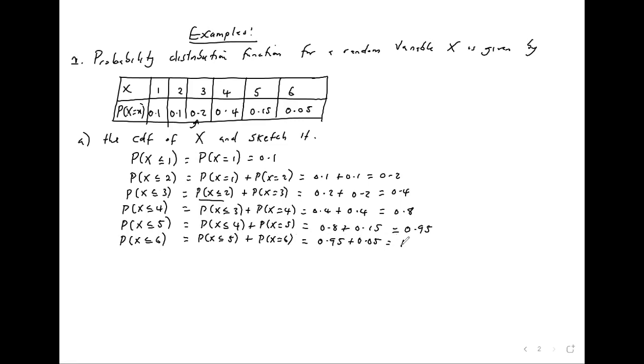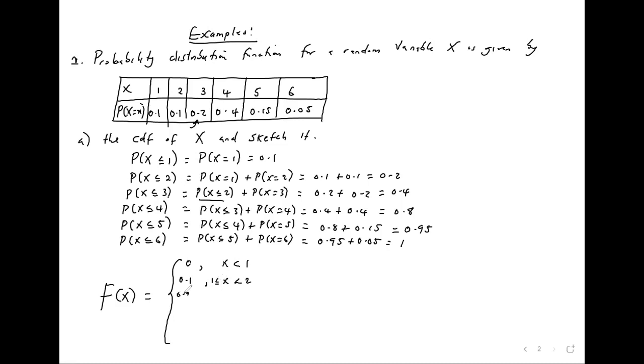So now we can put this together to give us the required CDF. For discrete, you notice that's how the function comes out. This is 0 for X less than 1. Then 0.1, this is for 1 less or equal to X, less than 2.